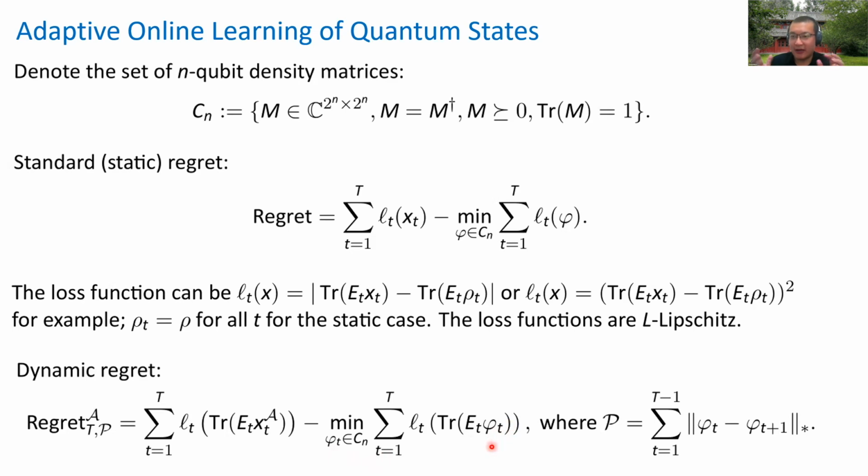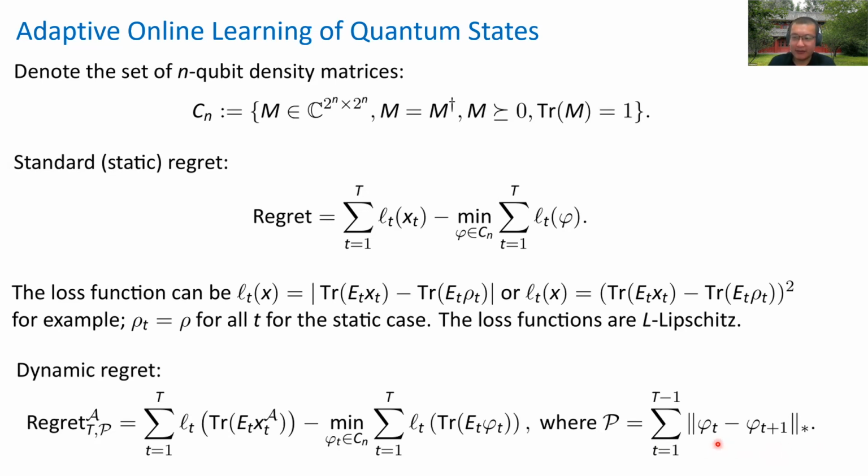Of course we cannot arbitrarily change the state, because that would make the problem too difficult. So we consider another quantity, called P. It is going to be the summation of the differences between consecutive changes, the norm of phi_t minus phi_{t+1}.